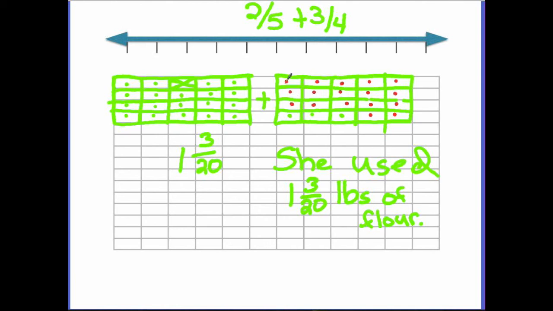But it has to tell you how much is there originally. If it tells you that, you just take your empty boxes out. It would be 17/20 would be how much she didn't use. If you have a problem like that, where you have to go in and say what's left.